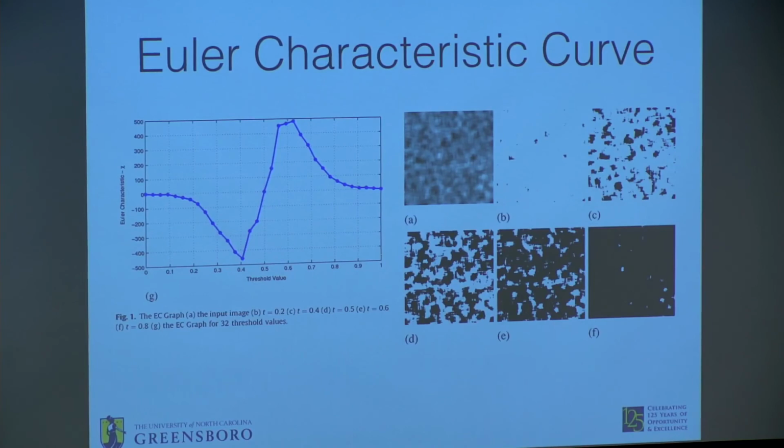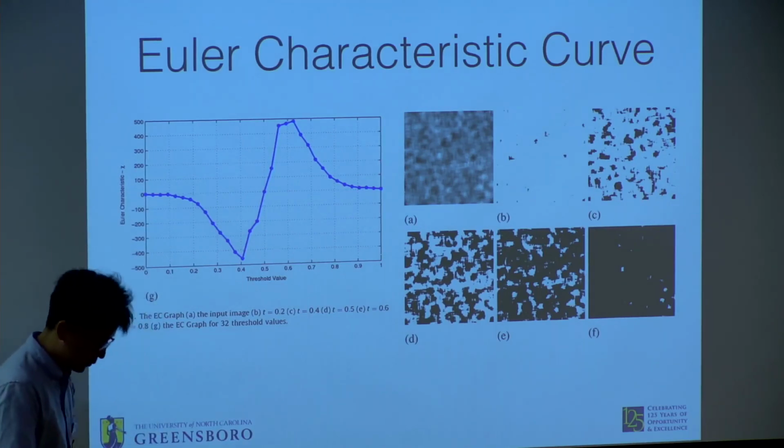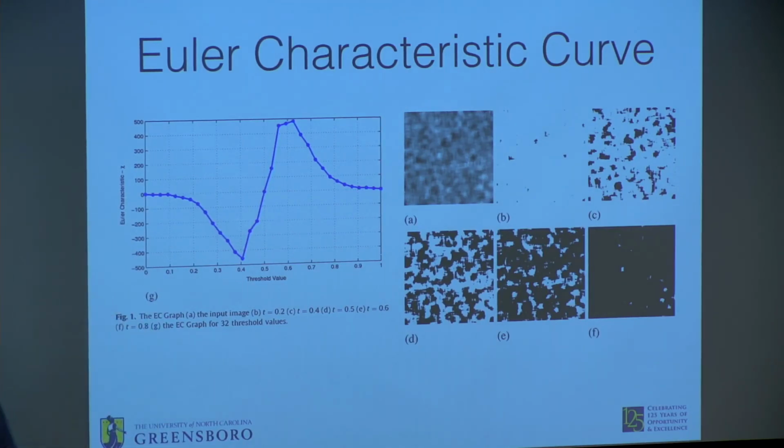Okay, so the thing we're going to do is called the Euler characteristic curve, right? So I hope you keep this in mind. What is the Euler characteristic curve? Well, what is the Euler characteristic? I think many of you know. The Euler characteristic is really an alternating sum of the Betti numbers, beta 0 minus beta 1 plus beta 2, and so on and so forth. Okay? But what about the curve? Right?